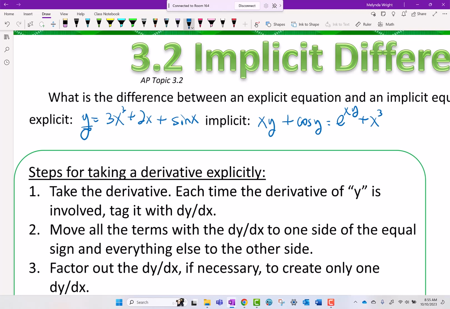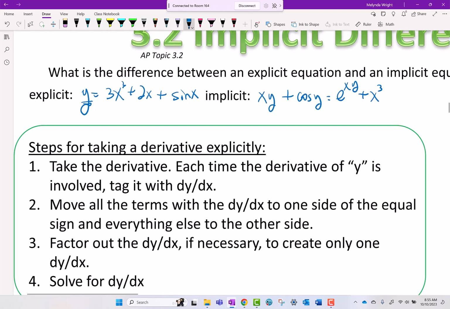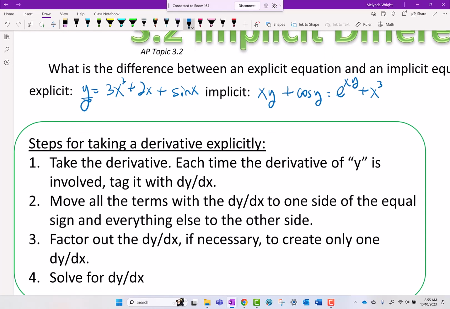Trying to solve for x or y would be extraordinarily difficult and really not worth trying, because we have a different technique that we use when we are taking derivatives implicitly.